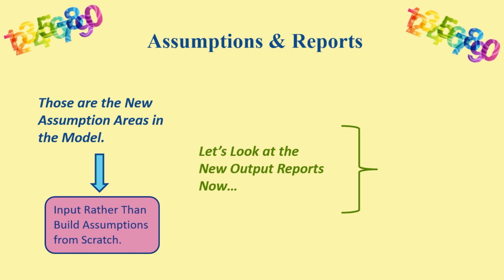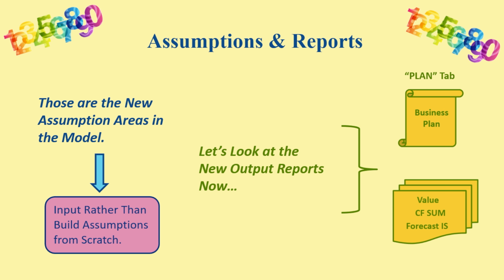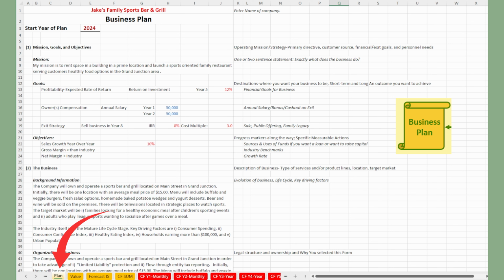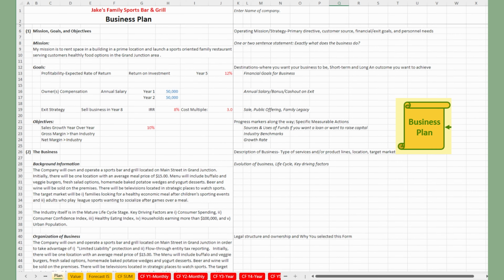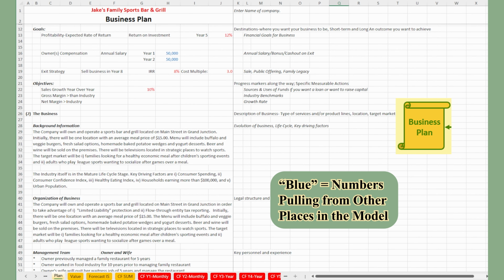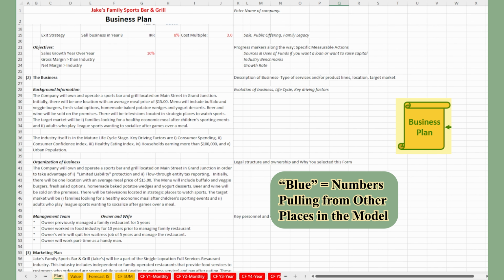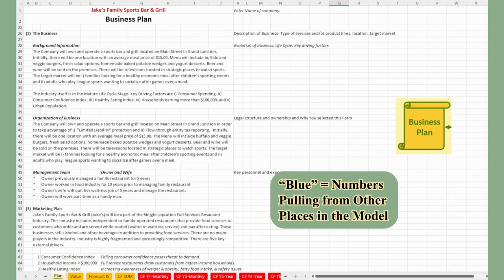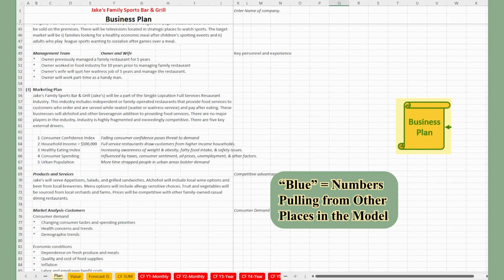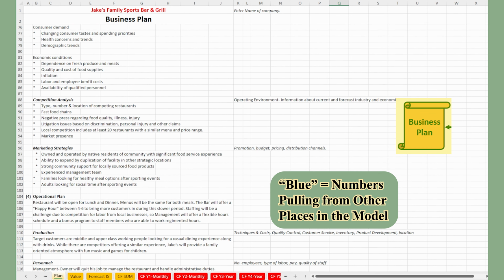Let's look at the new output reports now. We will start with the Plan tab. It's the same business plan we talked about in our last session. As I scroll down, you can see that there's blue here. That means numbers are pulling from separate tabs in the model to populate the business plan.